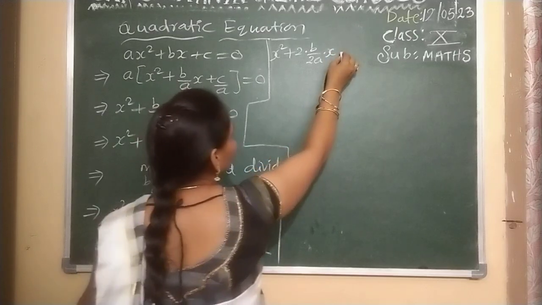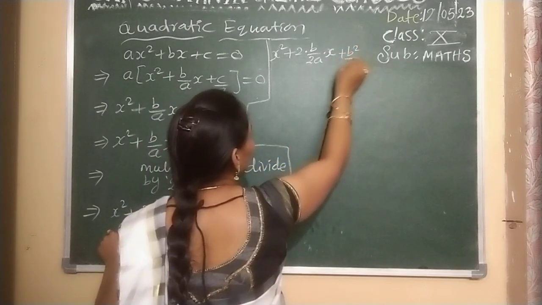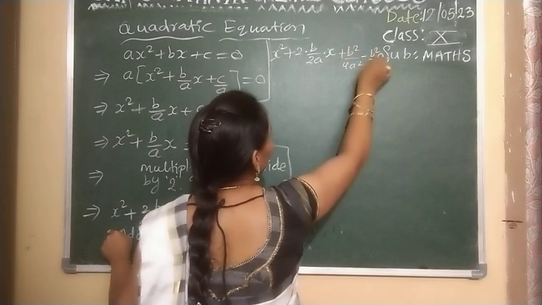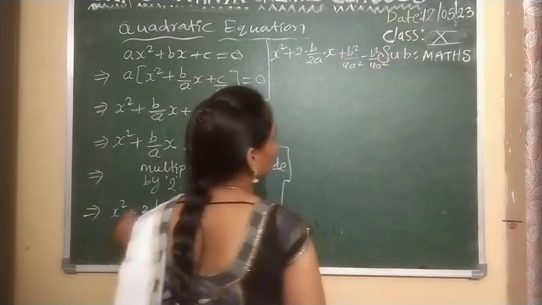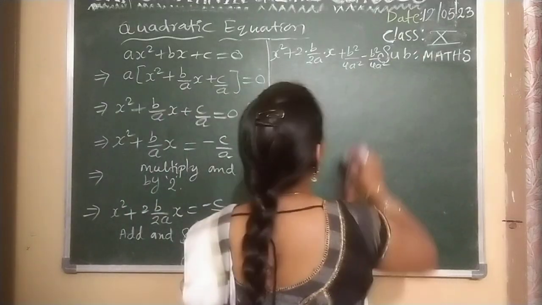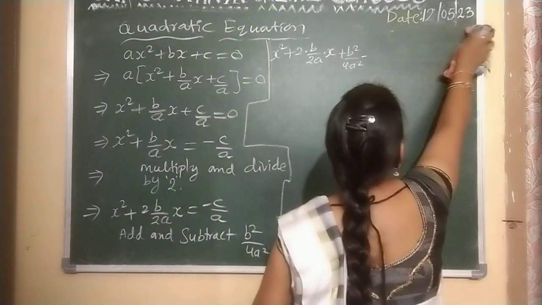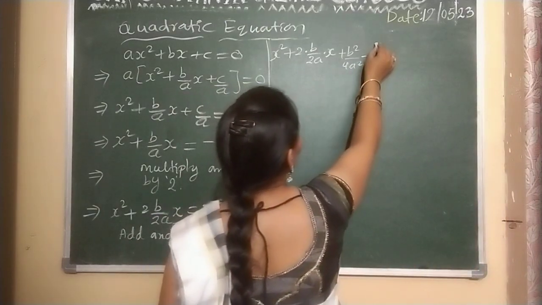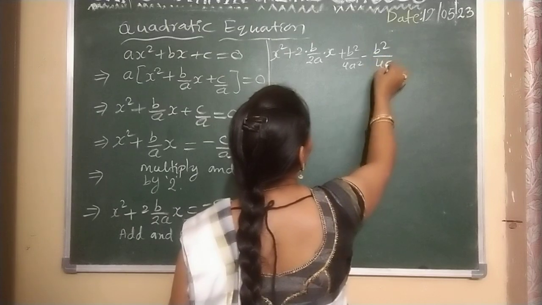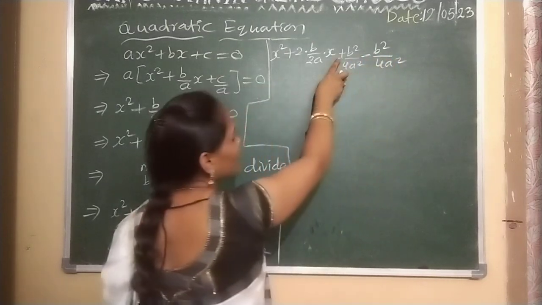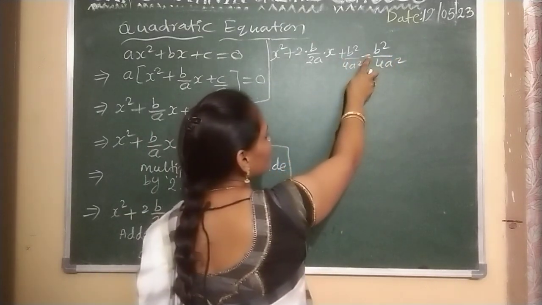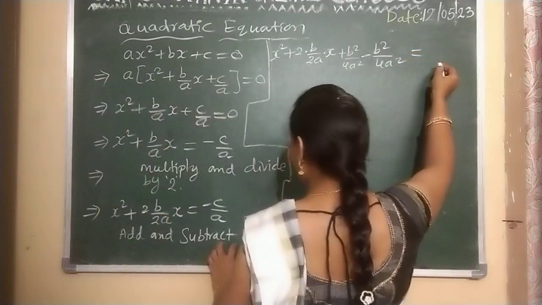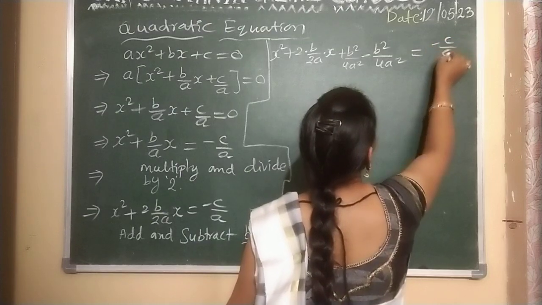Here I am adding and subtracting b square by 4a square, plus b square by 4a square minus b square by 4a square. This is done for the sake of convenience. I added the plus term and subtracted the minus term, which is equal to minus c by a.